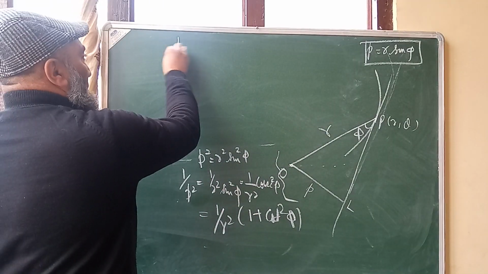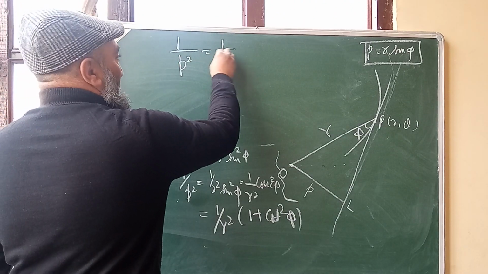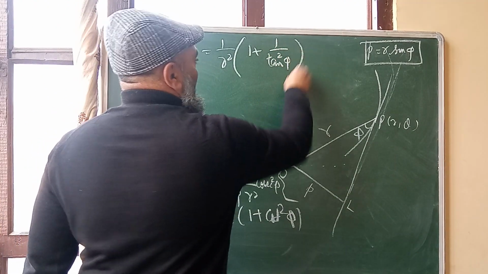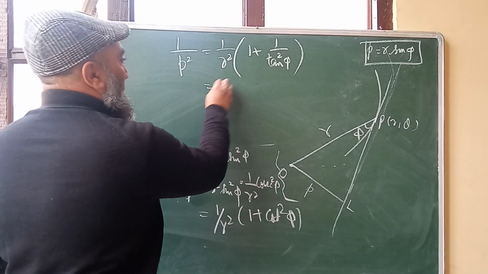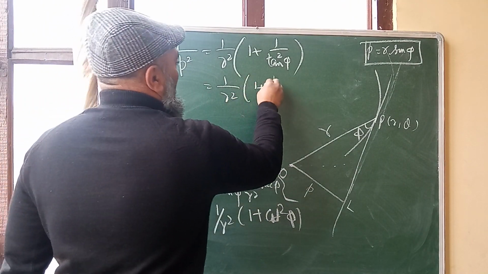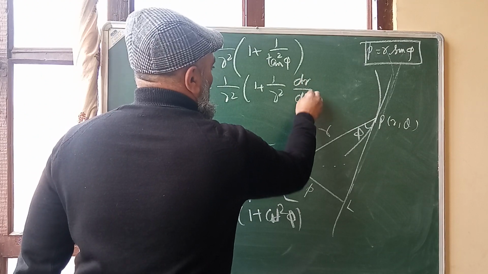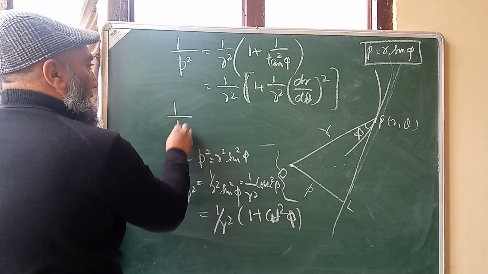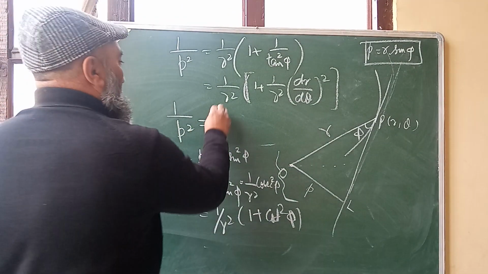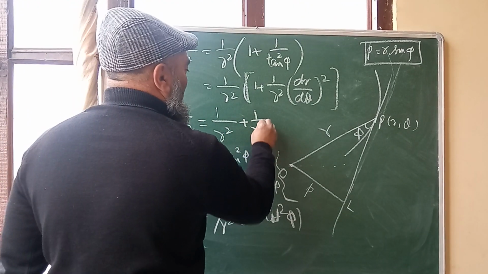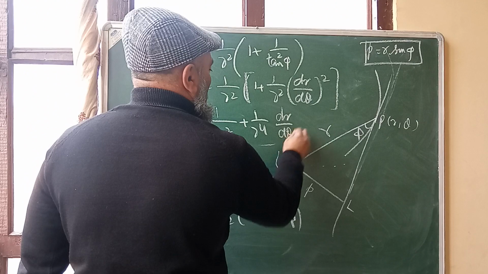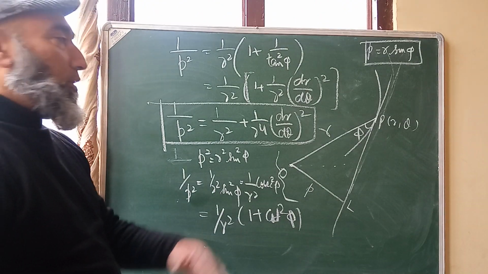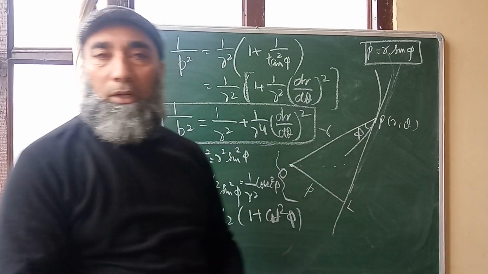So 1 by p square is 1 by r square, 1 plus 1 by tan square phi. And you know what tan phi is? It is r d theta by dr. So it is 1 by r square, 1 plus 1 by r square dr by d theta whole square. Or 1 by p square is equal to 1 by r square plus 1 by r to the 4 dr by d theta whole square. This is another form of the pedal equation. Fine. Whether you use this formula or this formula, both are pedal equations.